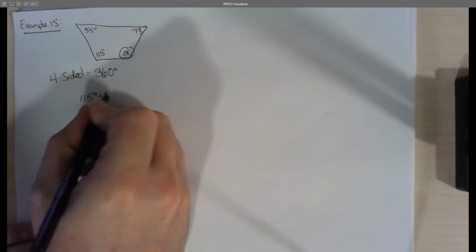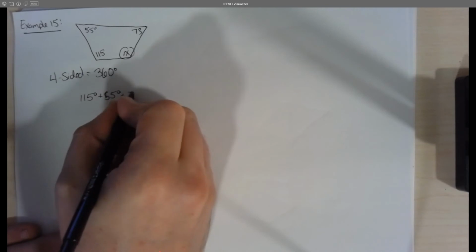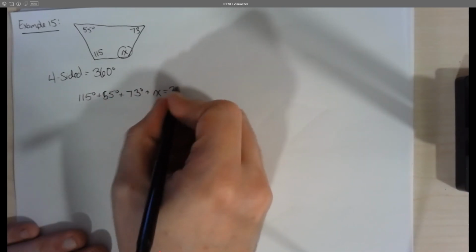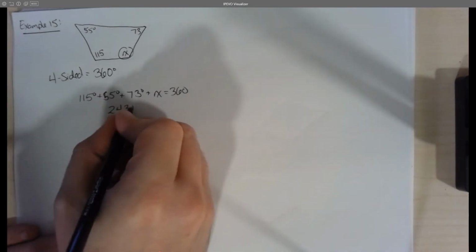So in other words, 115 degrees plus 55 degrees plus 73 degrees plus x, don't know what that is yet, equals 360. When I add those other ones together, 115 plus 55 plus 73, I get 243 plus x equals 360.